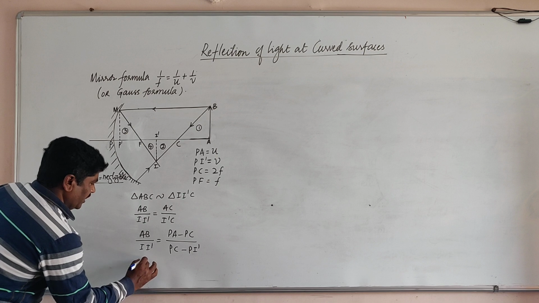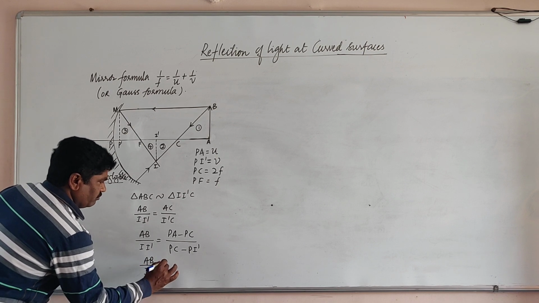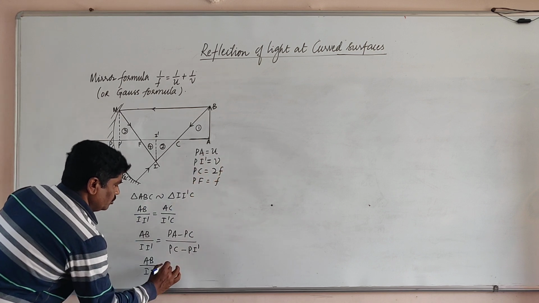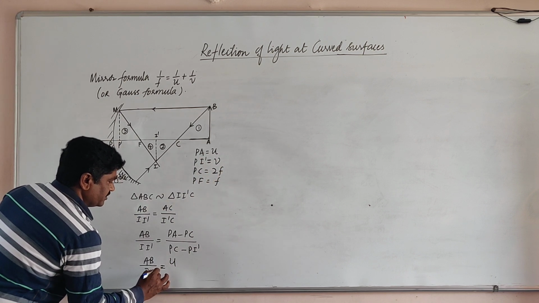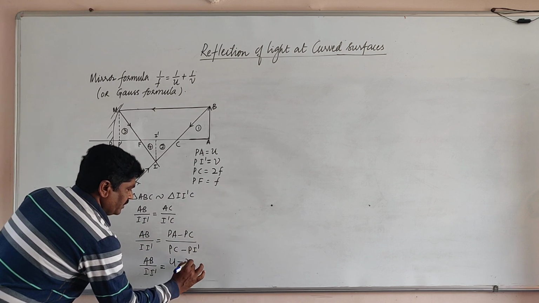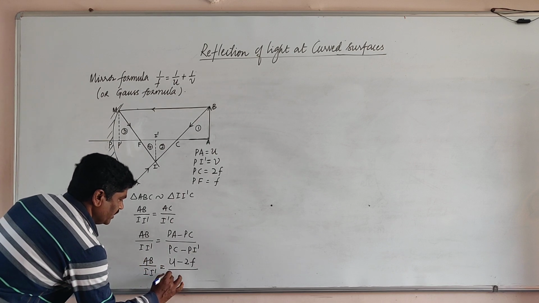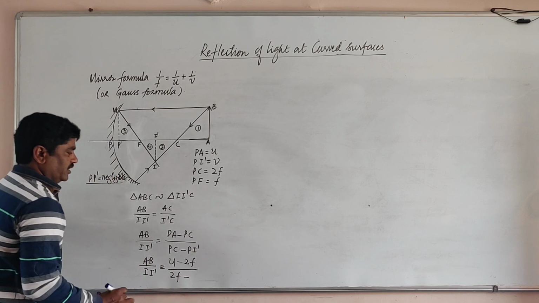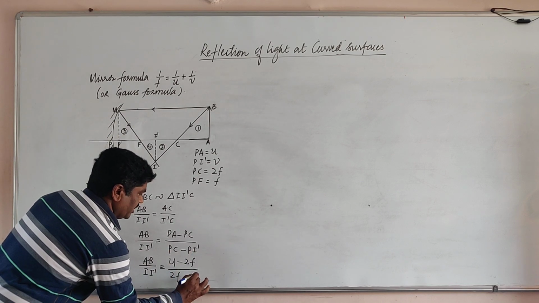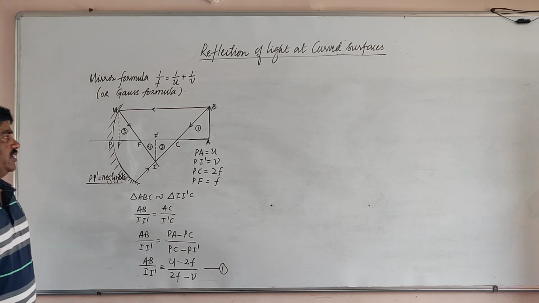So now AB by I dash is equal to PA, which is u, the object distance, minus PC, which is the radius of curvature, double the focal length, 2F. Next, PC, which is also 2F, minus PI dash, which is nothing but the image distance. This is equation 1.